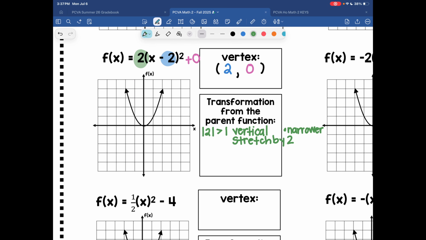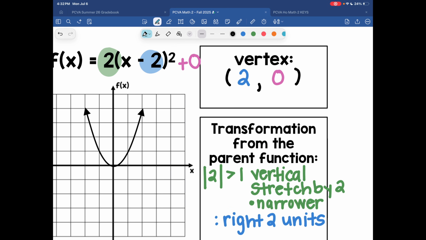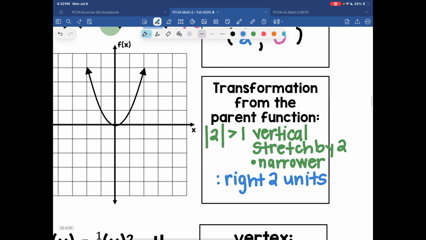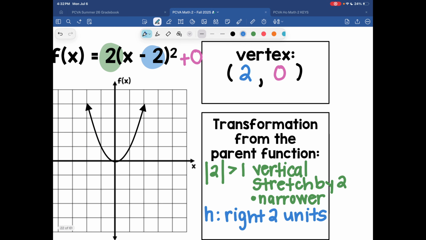So when I look at this problem, the question is how am I going to graph that? We should be able to see it in Desmos pretty easily, but how do we graph that? All right, so now that we've talked about the vertex, we know the vertex is at 2, 0, and we know that we're going to have a vertical stretch by 2, which is going to make it look like a narrower graph, and that means that the h value, because it's the opposite, so technically the minus 2, means right 2.